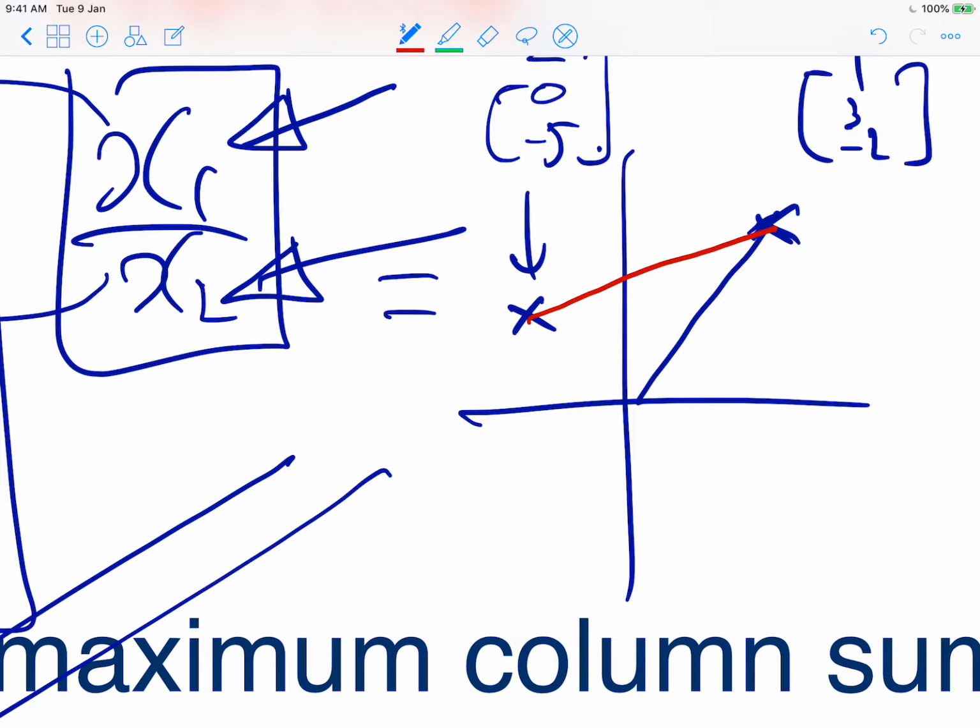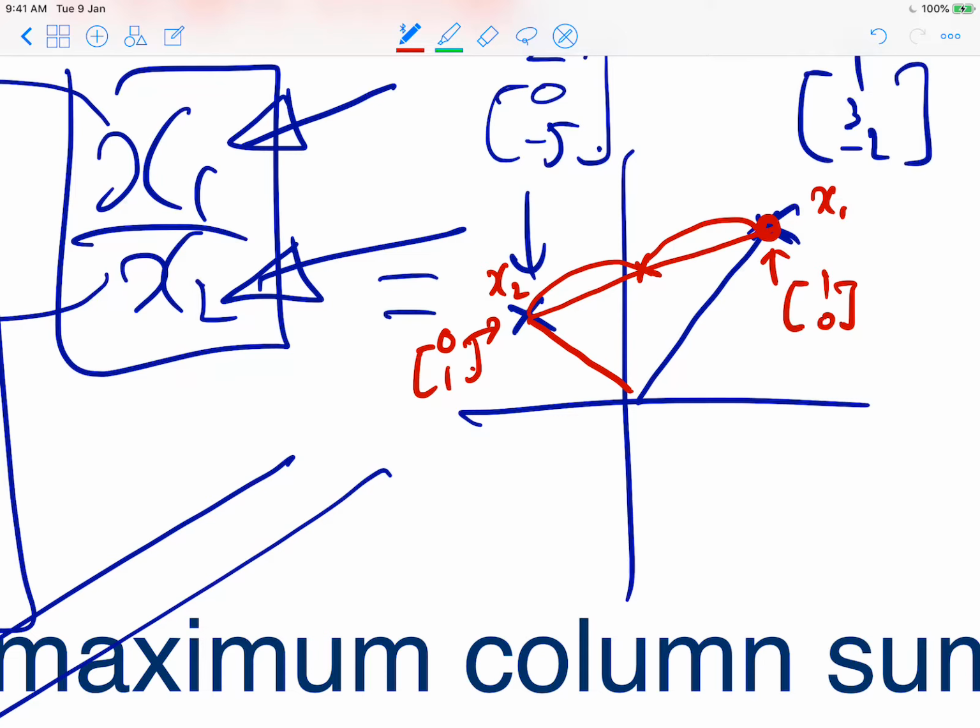Does it make sense? Because what is the weight corresponding to this vector? So suppose this one is x1 and x2, and then the corresponding linear combination vector is 1, 0, and this guy is 0, 1, because that is just a single vector. And then what about this point where it is equidistant from these 2 points? How can we represent this vector?